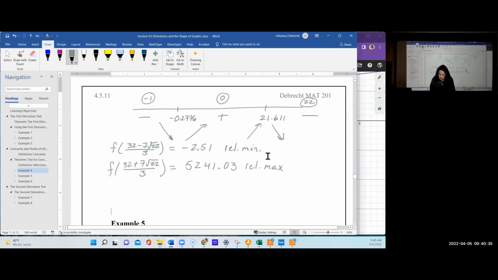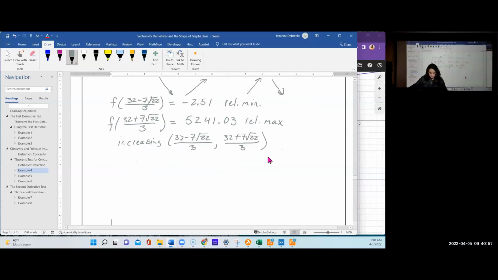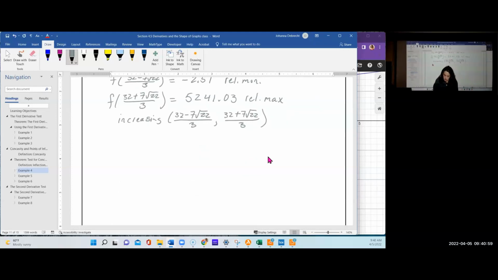We can also state that it is increasing over the interval between (32 minus 7 square root of 22) all over 3 up to (32 plus 7 square root of 22) all over 3. So it's increasing on that interval. And it is decreasing over 2 intervals.